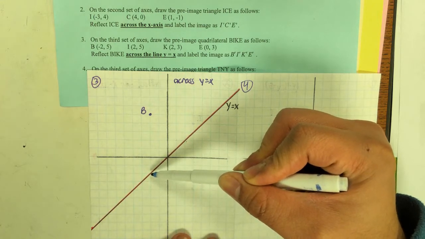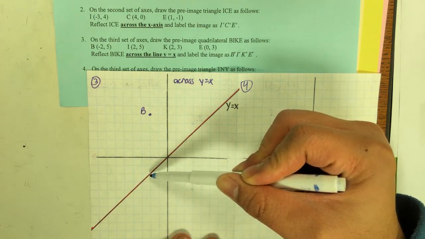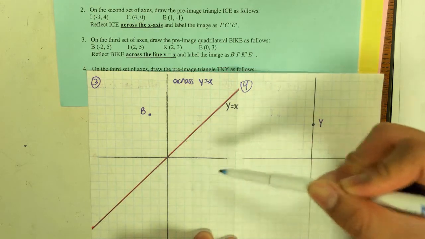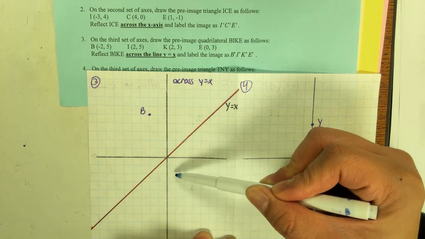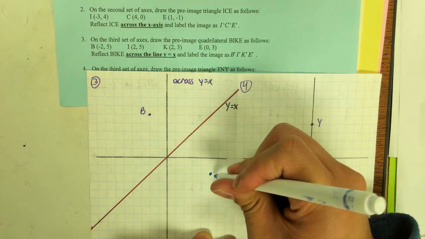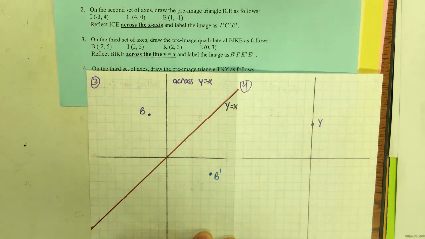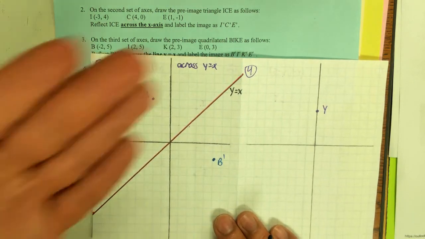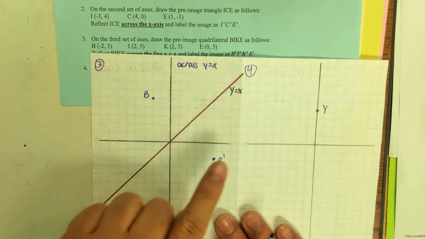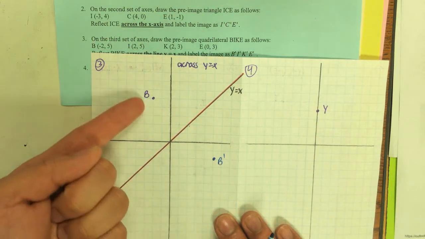The diagonal line makes us change directions. So instead of going down, I now have to change directions and go right. 1, 2, 3, 4, 5, 6, 7, right here, B prime. So when you take B and fold it across the diagonal line, that's where it ends up.